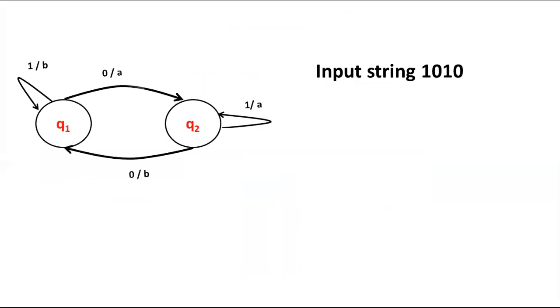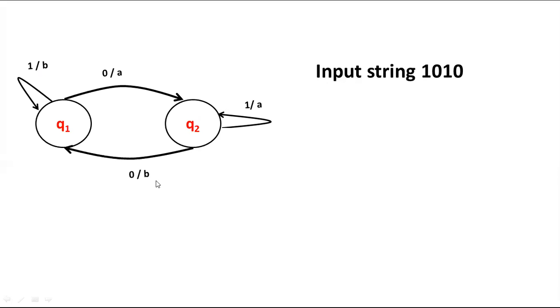Now for the input string 1010, let us see what output will be generated for this original diagram. Here, the original state diagram has two states, Q1 and Q2, with transitions: 1 as input and B as output, 0 as input and A as output, 1 as input and A as output, 0 as input and B as output.